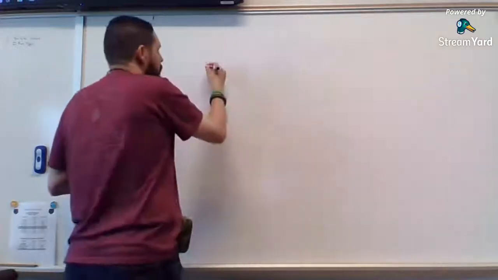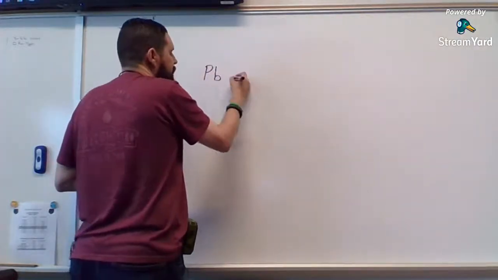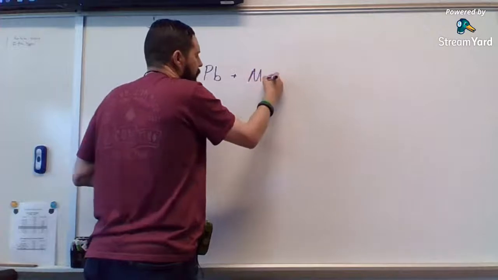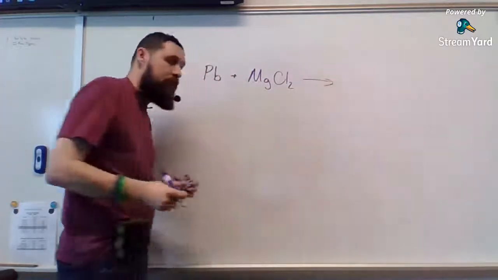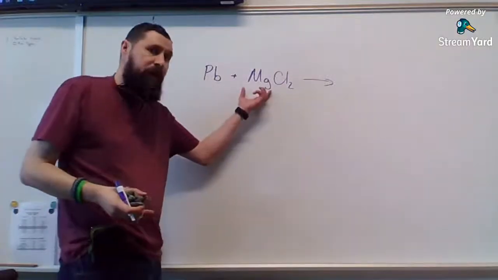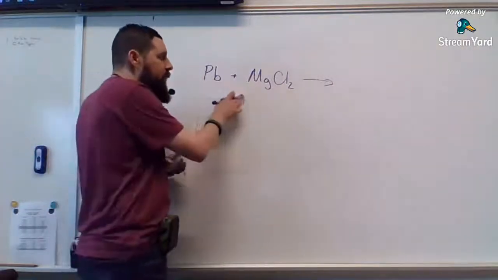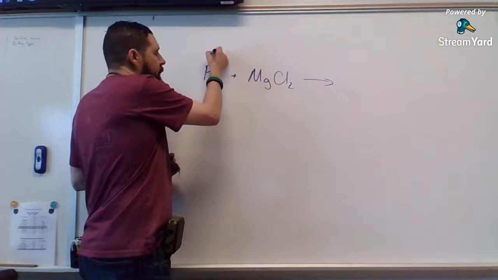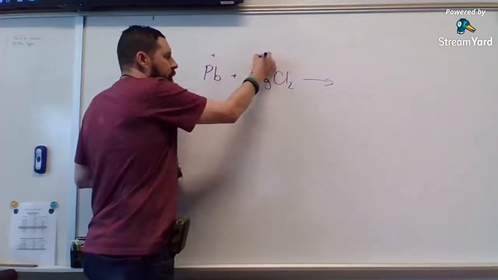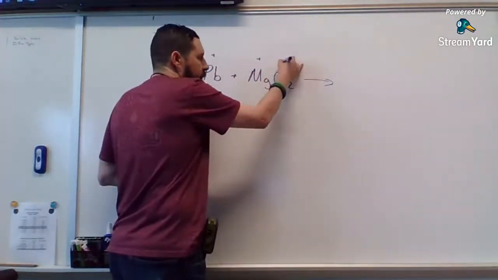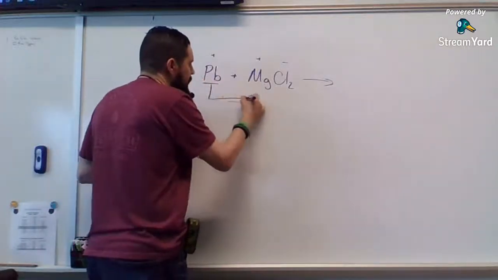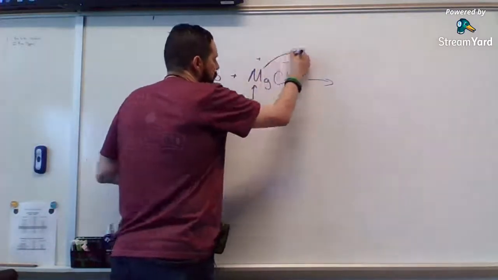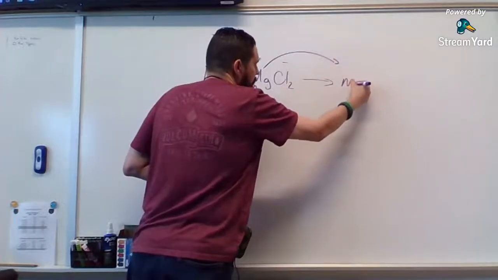Let's take a look at if I have lead and I combine that with magnesium chloride. So will lead be able to displace magnesium? And the reason we look at lead and magnesium is because lead is positive, magnesium would be positive, chlorine would be negative. So as a result, lead would come in and displace magnesium.